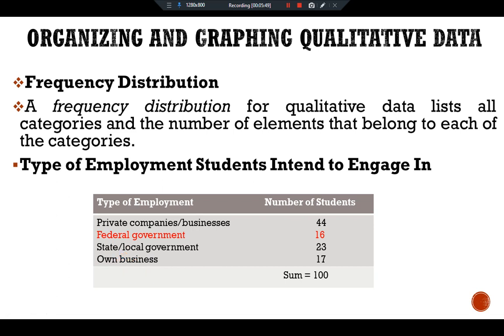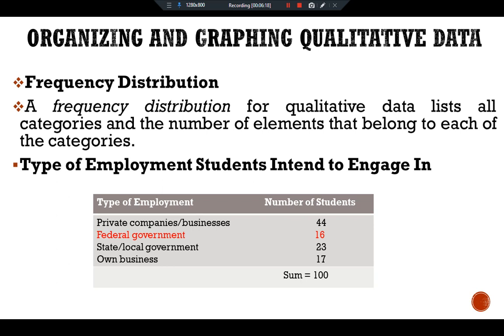Here 44 students wanted to work for private companies, 16 students said they want to work for the federal government, 23 students wanted to work for a state or local government, and 17 intended to start their own businesses.